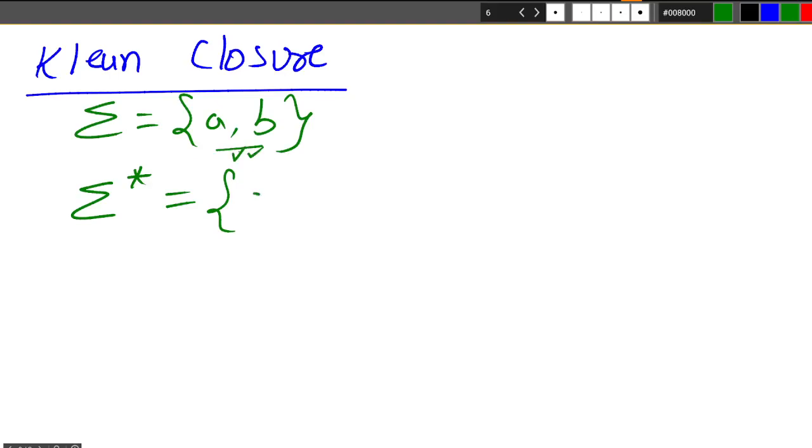It will produce first of all epsilon, that is the empty null string, and then all possibilities with a, and b, b, b, whatever.